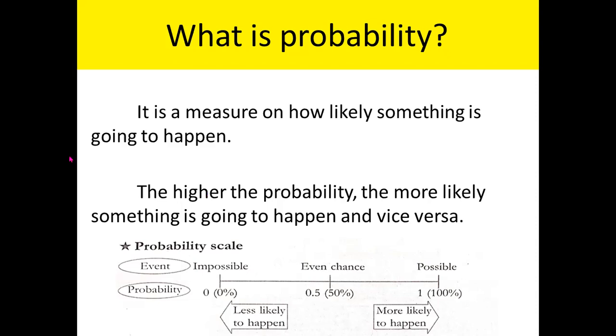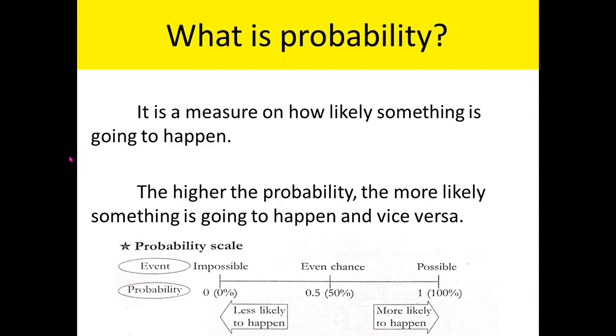So again, take note that probability is the measure. We can use impossible, less likely to happen, 50% or even chance, more likely to happen, or 100%, which is certain. Now, if I say the event is I will die, that is 100% to happen.